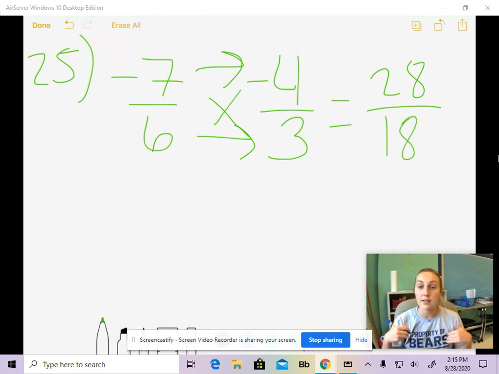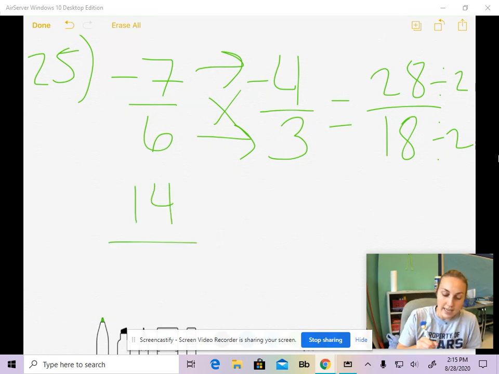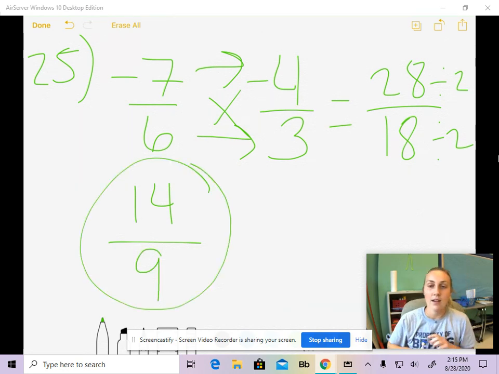Now again, this fraction can be reduced, so let's go ahead and do that. 28 and 18 are both even numbers, so we know that they can both at least be reduced by 2. So let's divide both by 2. 28 divided by 2 is going to be 14, and 18 divided by 2 is going to be 9. So our answer is going to be 14 over 9.